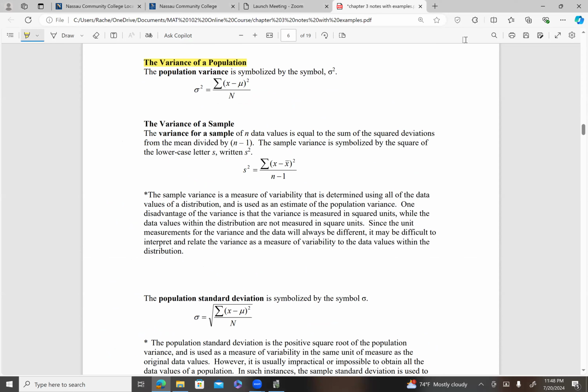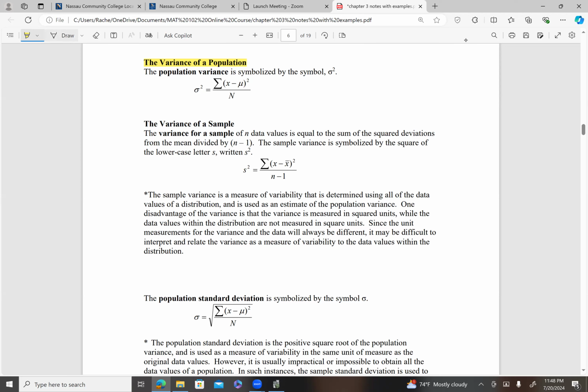Now, the variance, in addition to the range, is another method of measuring the variability or the spread of a set. First, we're going to assume we're working with a population, and we're going to look at the formula for the population variance. There are a couple of new symbols that I'm going to introduce. We have sigma.